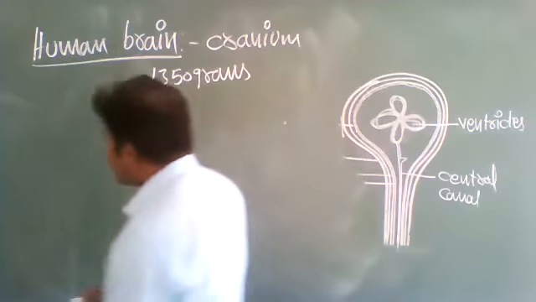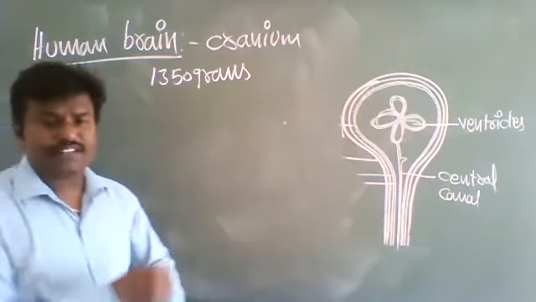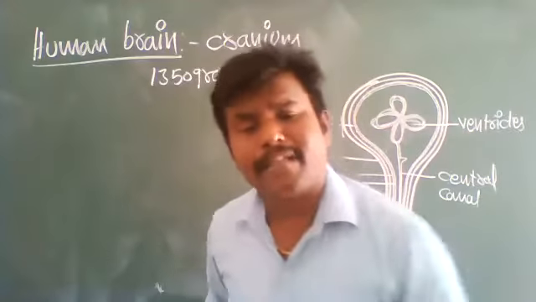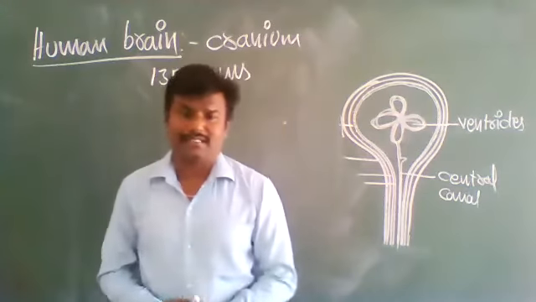As already discussed, the outer surface of the brain looks gray in color, and the deeper surface looks white in color.